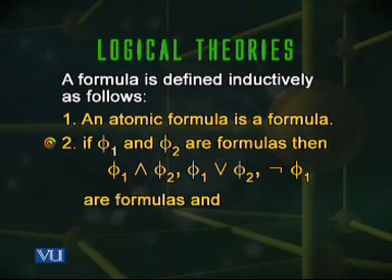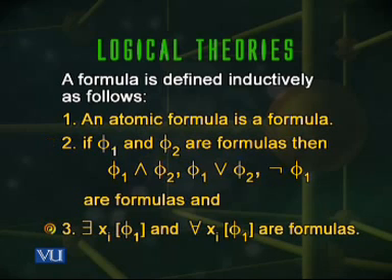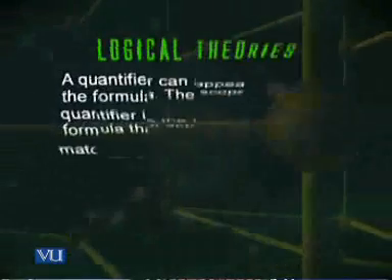Similarly, if phi1 is a formula, then there exists xi, phi1, and for all xi, phi1 are also formulas. So this is how you can make formulas, by applying these operators and making more and more complicated structures which we will call formulas.